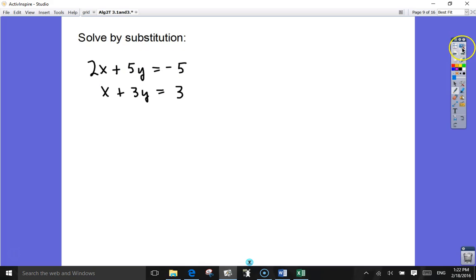Here we go. Solve by substitution. The first step says solve one equation for one variable. Which variable, which equation? In the end, it does not matter. You could pick any one you want, but there's an obvious choice here.